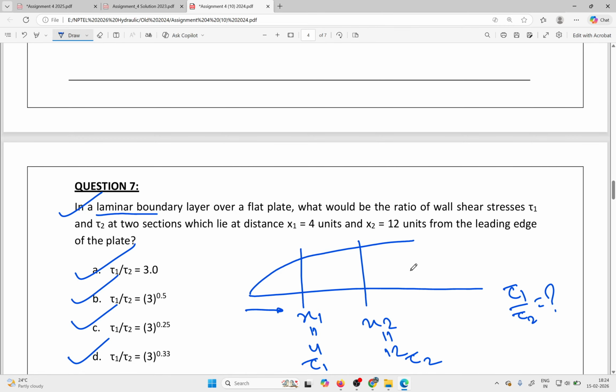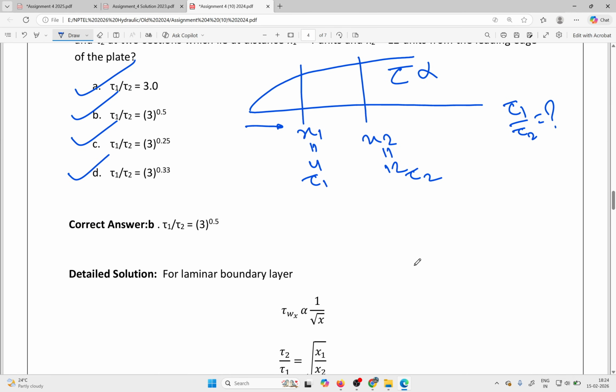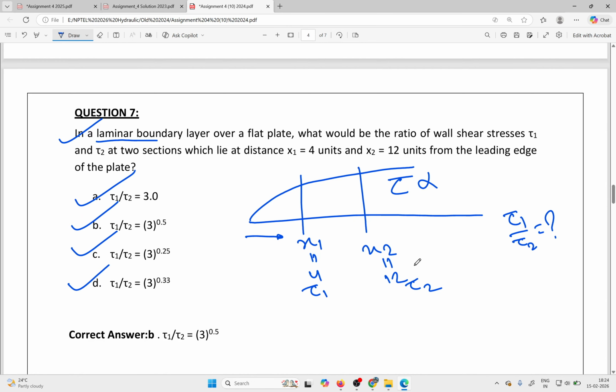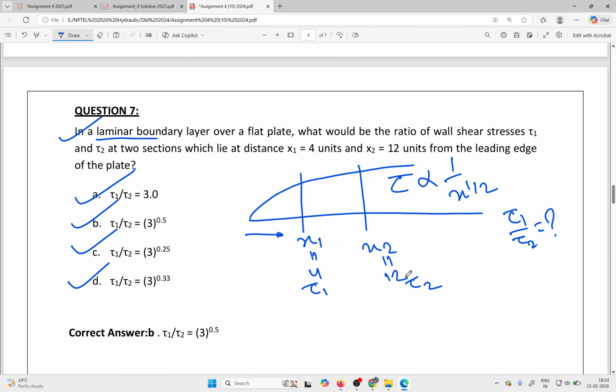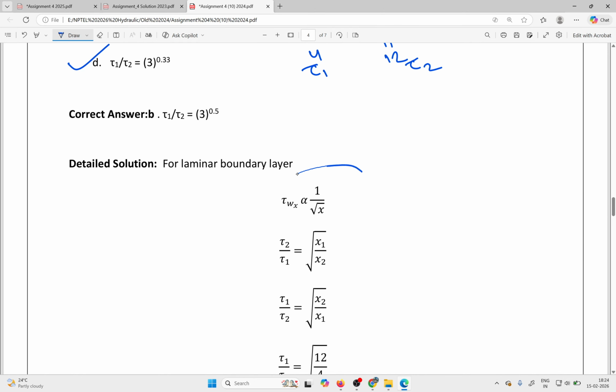In the laminar boundary layer, always remember, your tau is directly proportional to 1 by root x. Tau is directly proportional to 1 by x to the power 1 by 2, or you can also write x to the power 0.5.